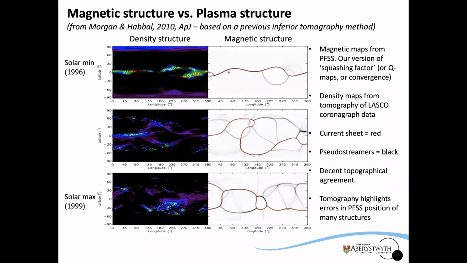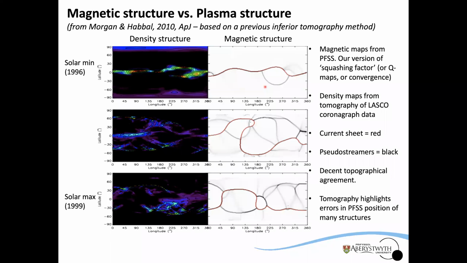So what I've shown in these right-hand plots is the current sheet or the neutral sheet in red, and then the black lines are showing the squashing factor or Q maps or convergence. I mean, there are 3 different terms for the same thing here.